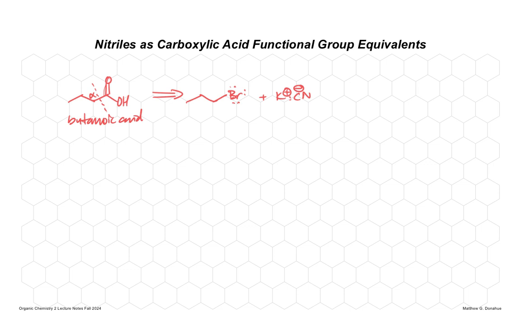Again, because that's at oxidation state 3. You can do an SN2 reaction. And now you're not quite there because you're left with a nitrile, but the nitrile can be hydrolyzed.